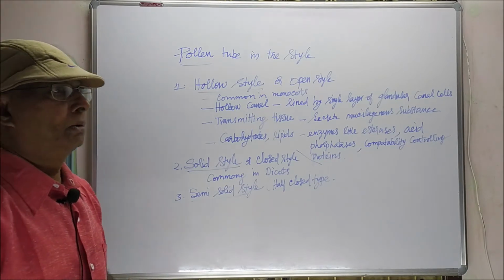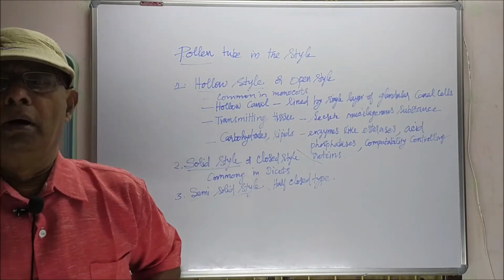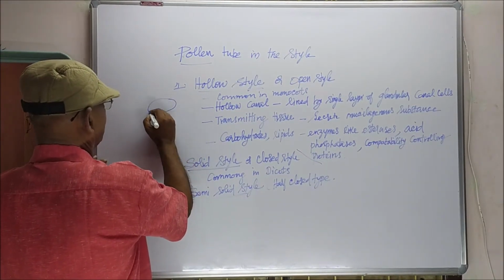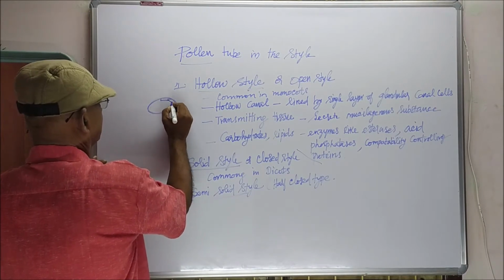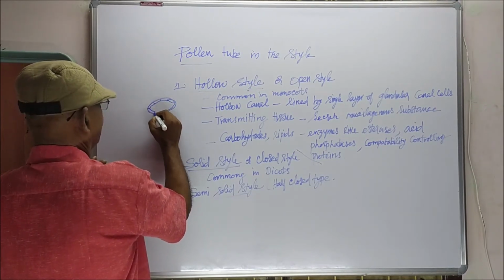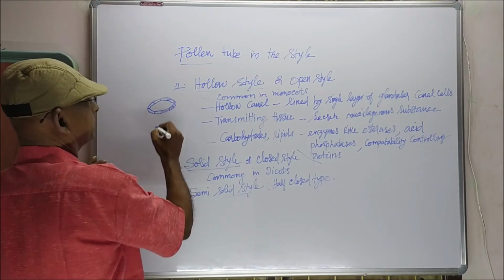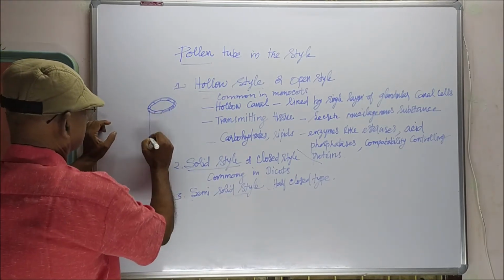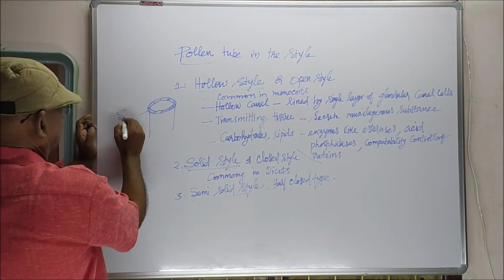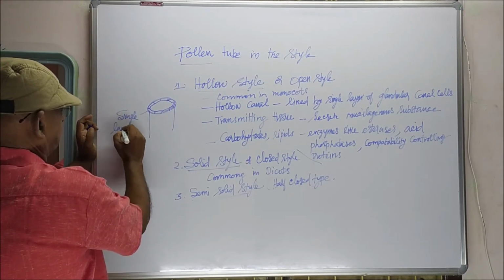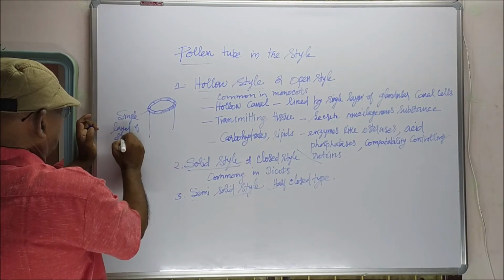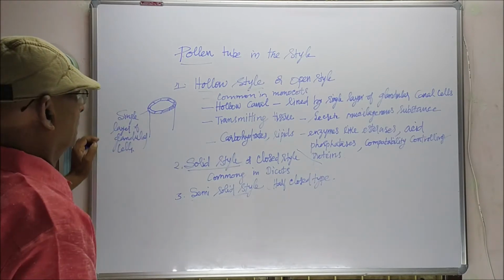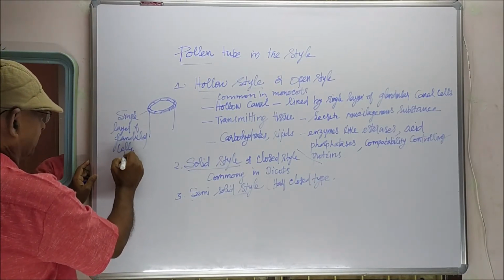In the hollow type, the style is hollow in nature and a uniseriate layer of cells is lined with the wall. This is a single layer of glandular cells, and this is considered as a transmitting tissue.